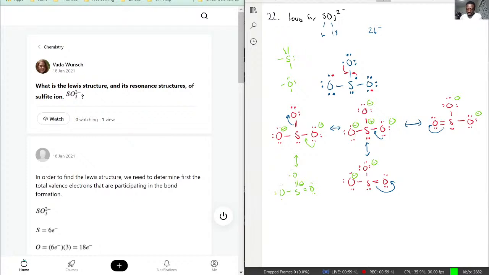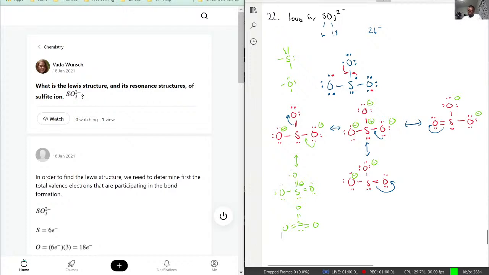And then if we even move this in here, you could also just have triple bonds and everything, along with this lone pair. Just because sulfur does unfortunately break the octet rule. So even something like this would be a possible resonance structure. So there's a lot of resonance structures.